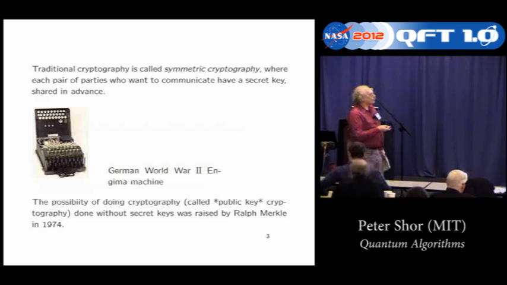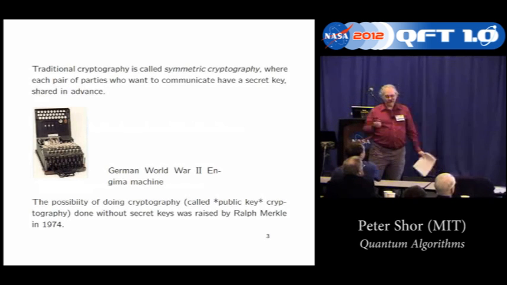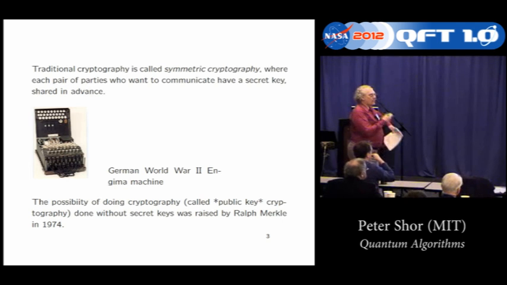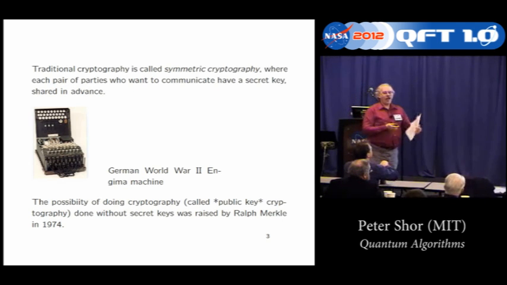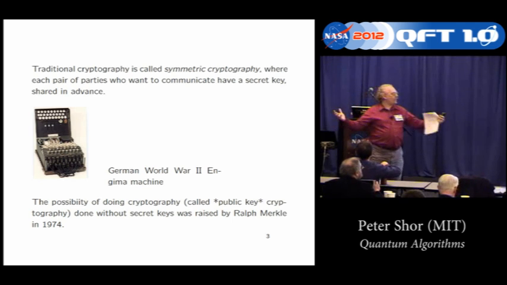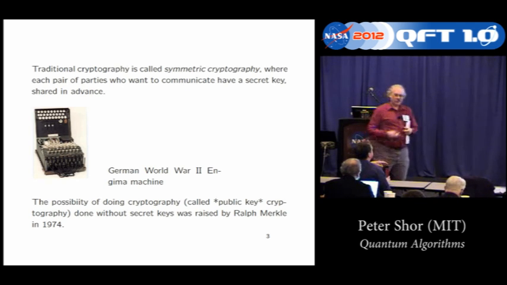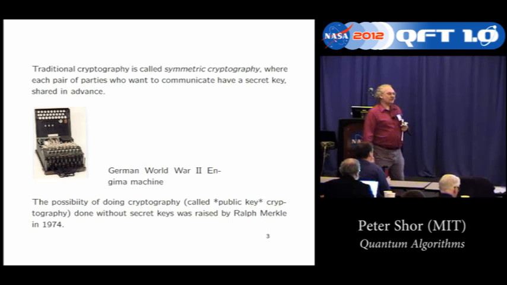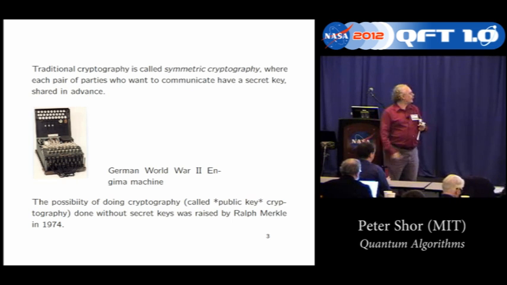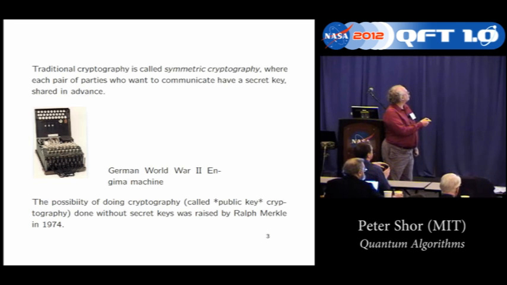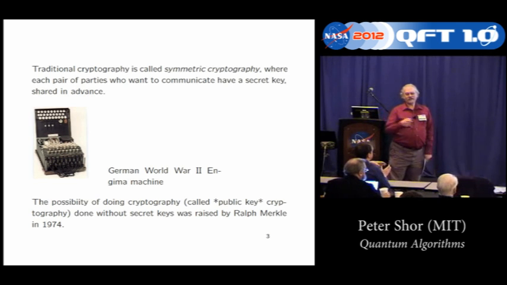So here it goes. I'll start back in, I guess, the 1930s or so with traditional cryptography. If you have traditional cryptography, you have two people. Here they have an electromechanical computational device called an Enigma machine, but nowadays they would have a computer that runs an algorithm which takes the input and encodes it into an output, and then they send it.